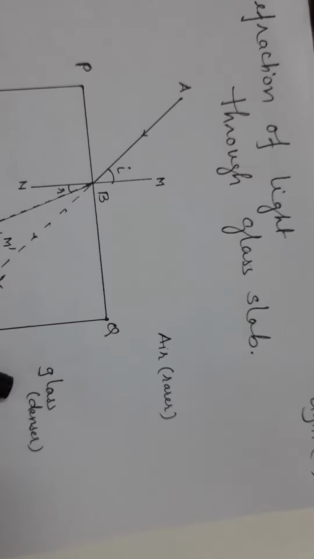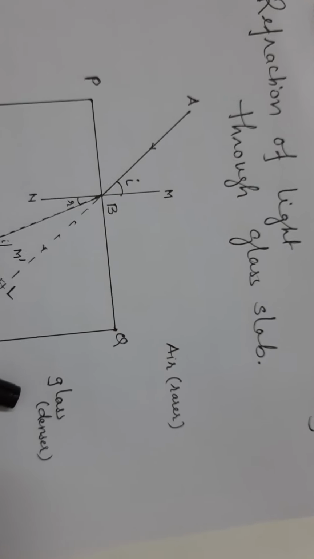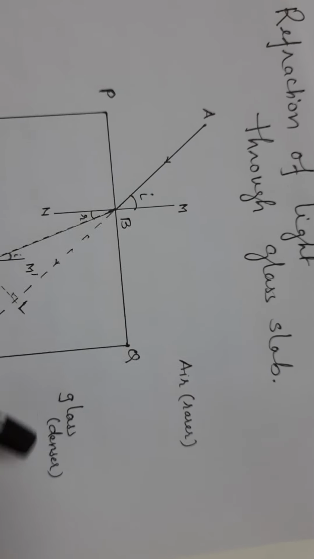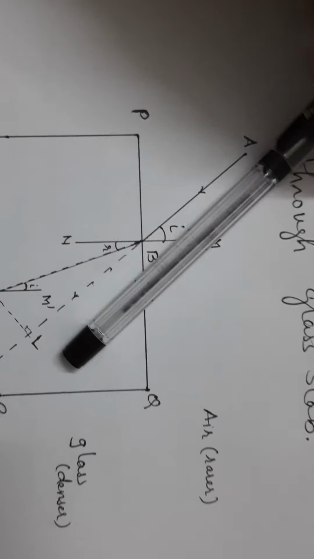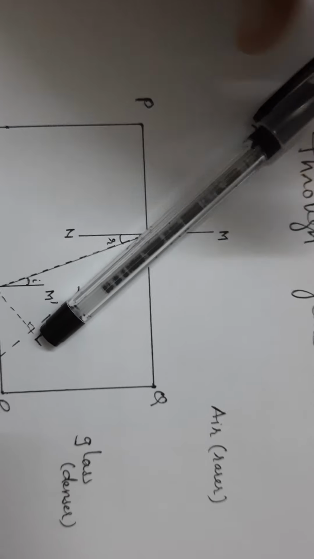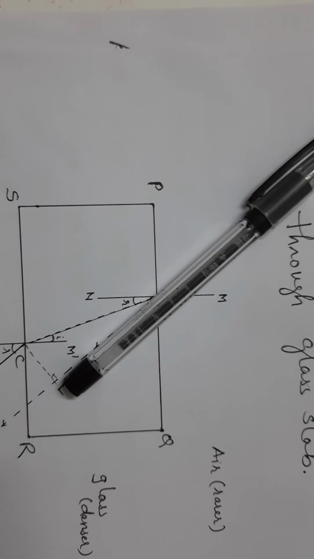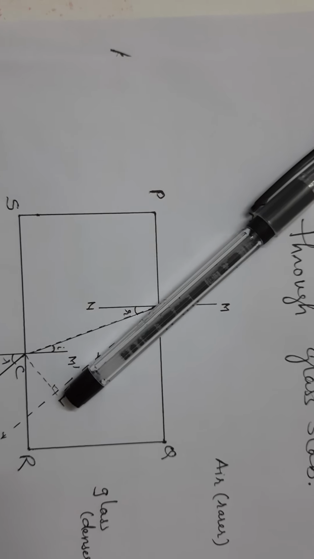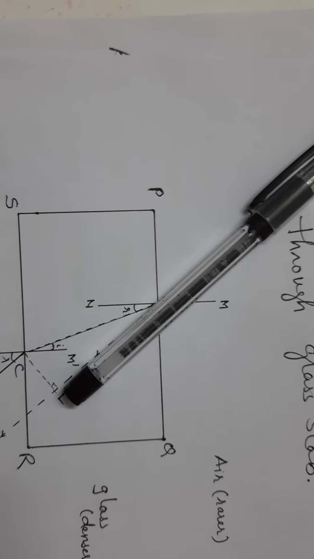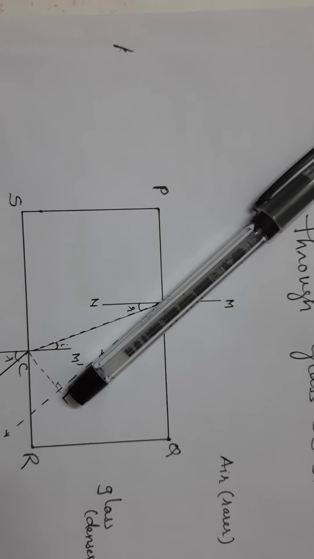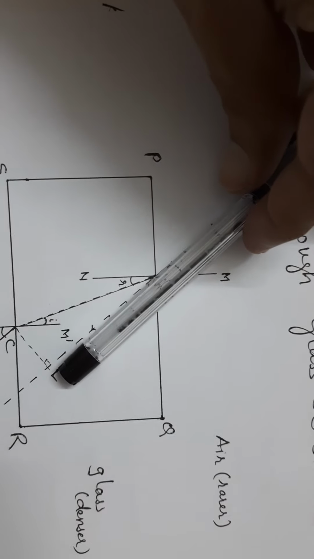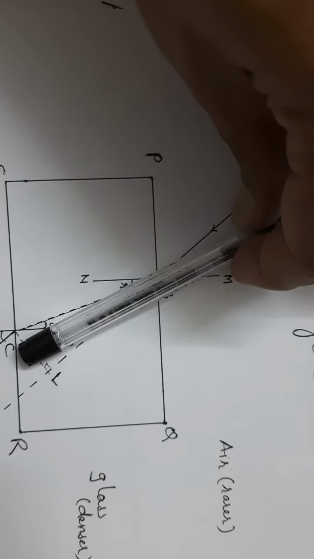This is glass, so it is denser medium. Now when this ray of light is passing from rarer medium to denser medium, it should have gone straight, but it has bent towards the normal.